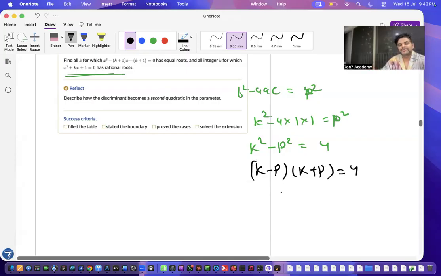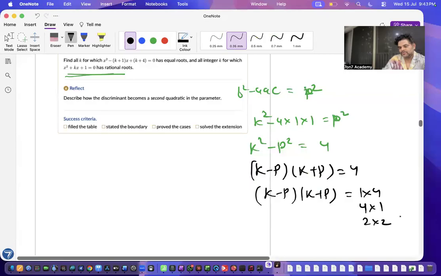Perfect? Now tell me, p is some number, it does not matter. So can't k minus p and k plus p be 1 into 4, or 4 into 1, or 2 into 2? Then also the negatives of it.